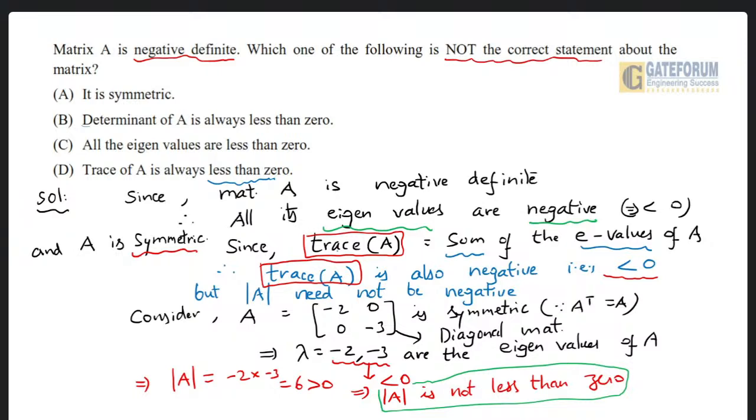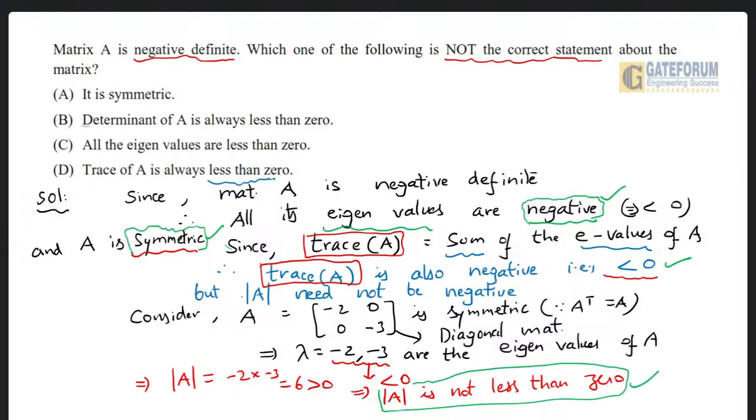Symmetric, this is correct. Next, all the eigenvalues, I already told you are negative. So this point, this point, this point, and this point. Please conclude.